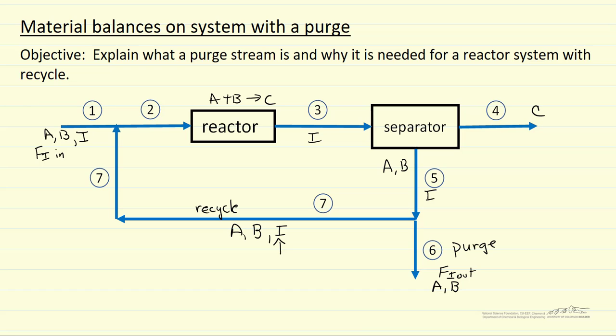Or the other way of looking at it, it's increasing the flow rate through the reactor, giving reactants less time to react. So what we'll do next is look at a spreadsheet showing a process and look at what happens as we change the flow rate of the purge stream.